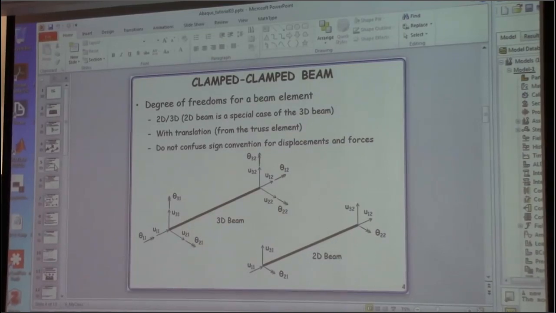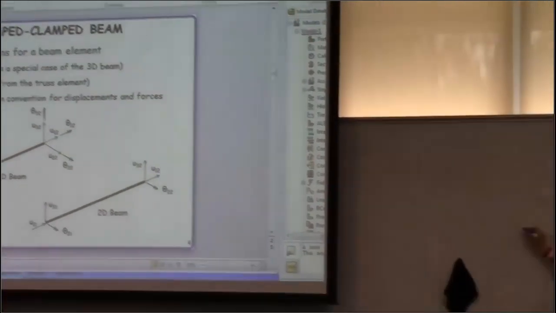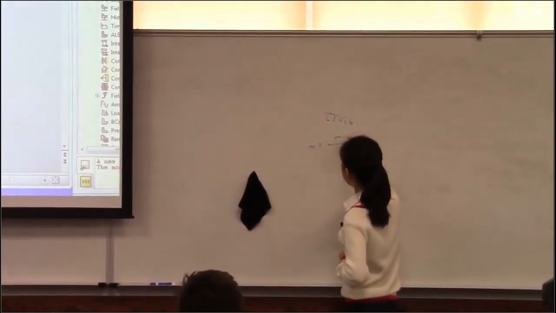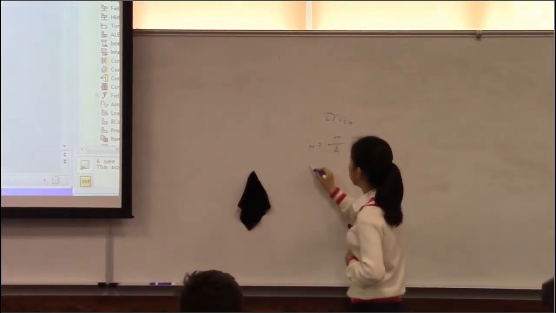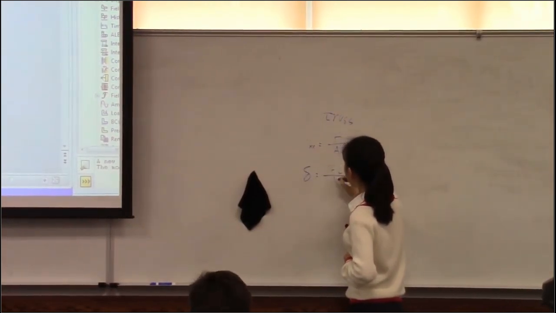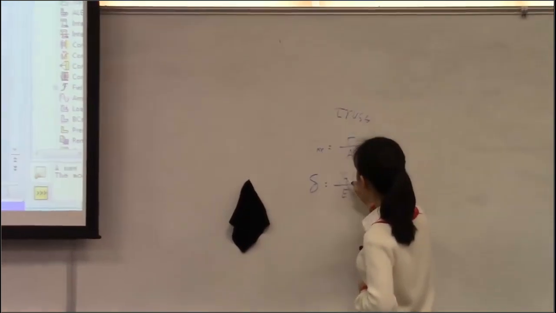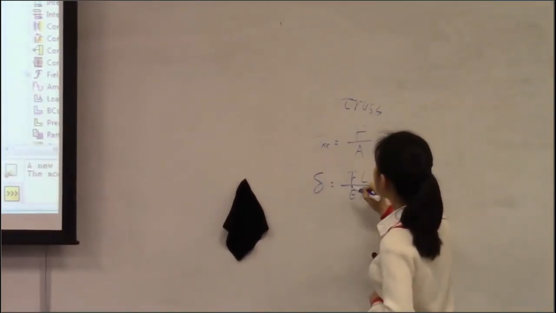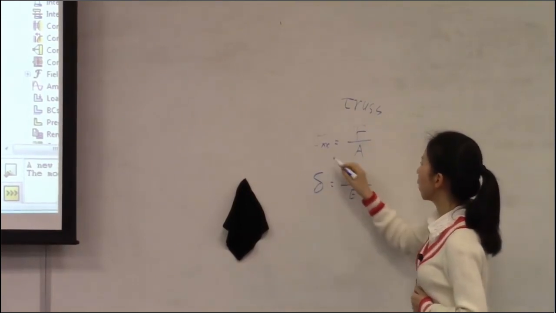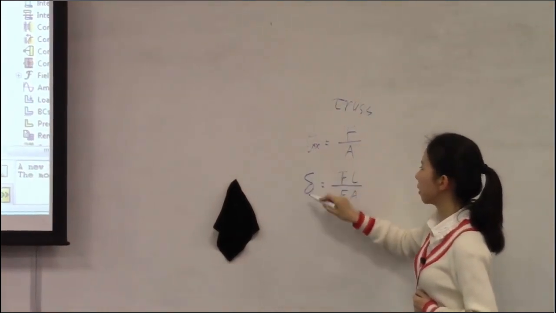So when we calculate the truss problem, sigma xx is F over A, right? And there is the elongation. As I said last time, for the truss problem, as long as I know the cross-section area, I can calculate the sigma xx and elongation.